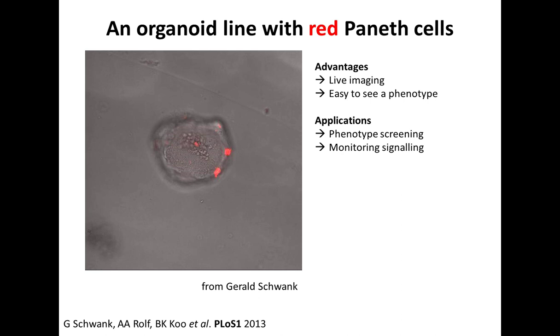This is a bacterial artificial chromosome transgenic organoid, where the red Paneth cells are shining in red. So the movie will show how the red Paneth cells are growing together with the organoid.